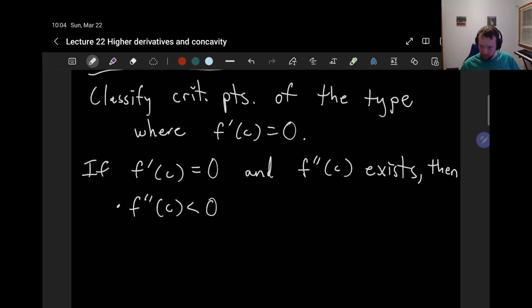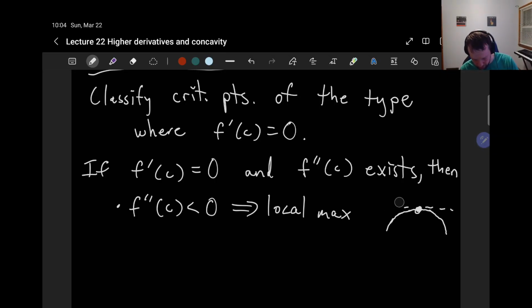If the second derivative is negative at that point, then this means that you're dealing with a local max. So the reason is, if the second derivative is negative, that means we're concave down. And this little top of the hill, that's where the first derivative is 0, because the tangent line is horizontal, so 0 slope.